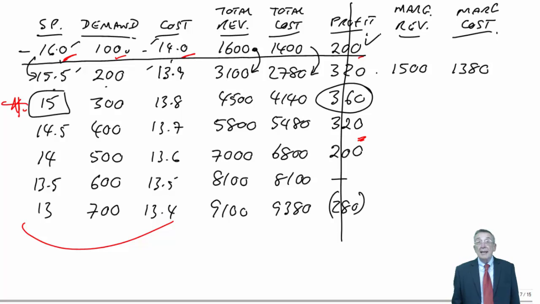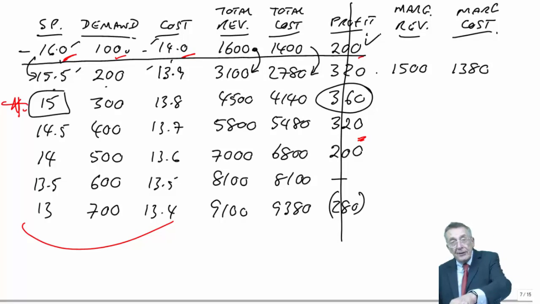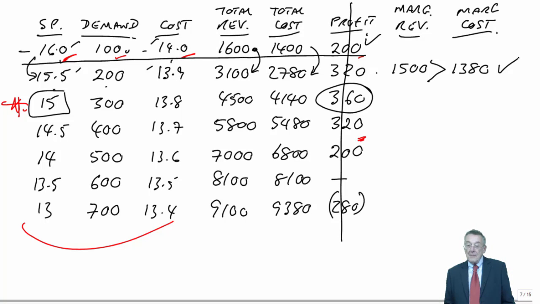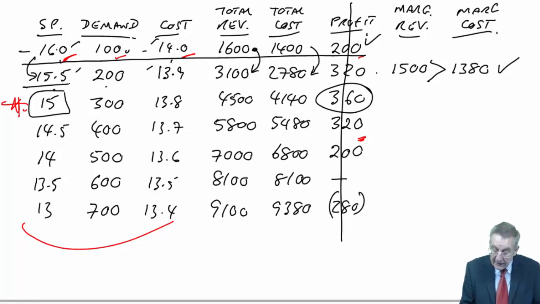Well, it's worth dropping it if the extra revenue we get is greater than the extra costs. And it is. It is worth dropping the price. If the extra revenue is greater than the extra cost, we're going to make extra profit. So we will drop it to 15.5.